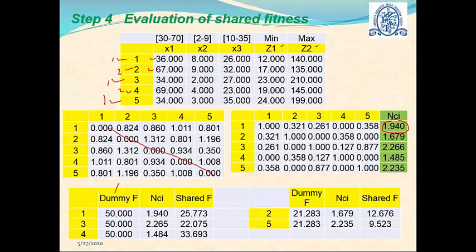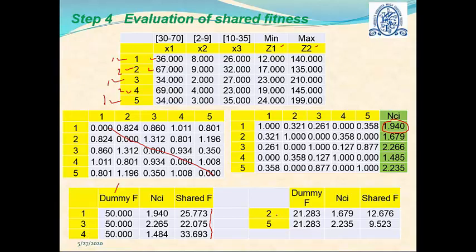We divide the dummy fitness value by the niche count, and we obtain the shared fitness value. Thus we observe that in order to maintain diversity, the weight of solution number 3 is now reduced, or minimized, since we are dividing it by the niche count. This way we can find the shared fitness values for the 3 solutions which are ranked 1.